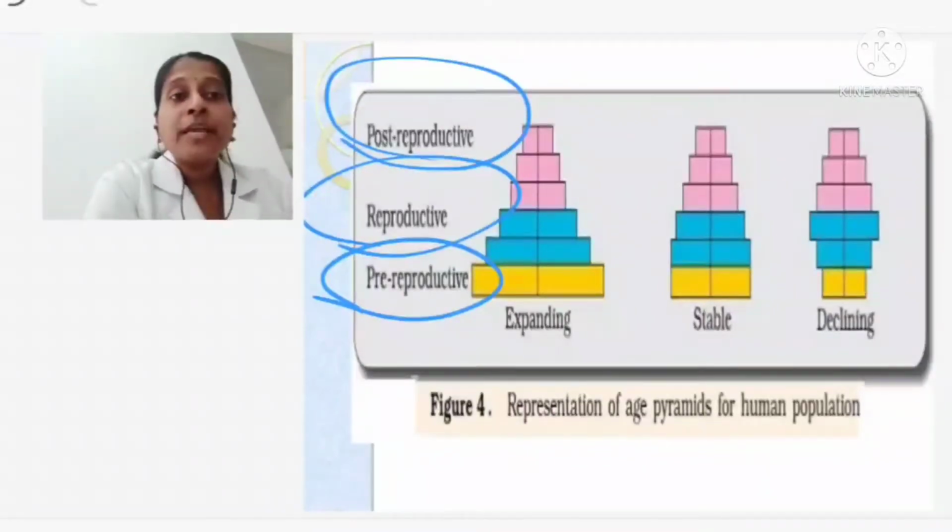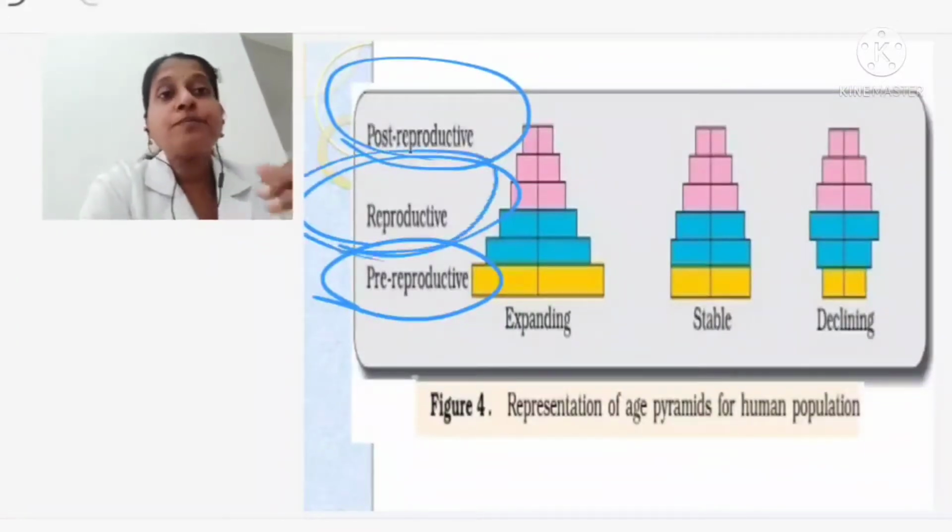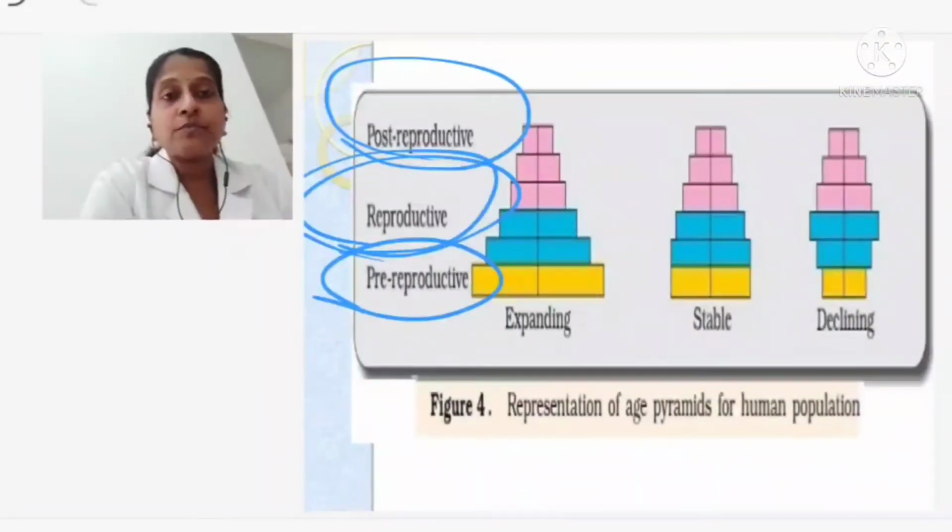Pre-reproductive means those who are below 18 years of age, we call them what? The pre-reproductive group. The infants, the child, they have not reached sexual maturity, so we call it the pre-reproductive group.